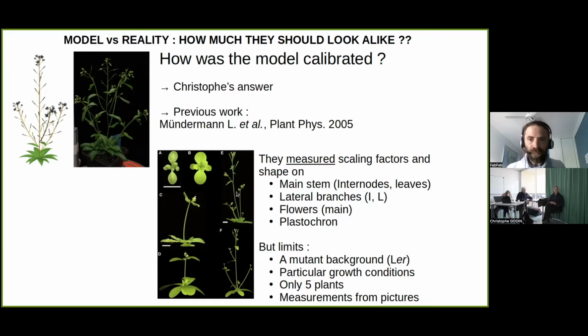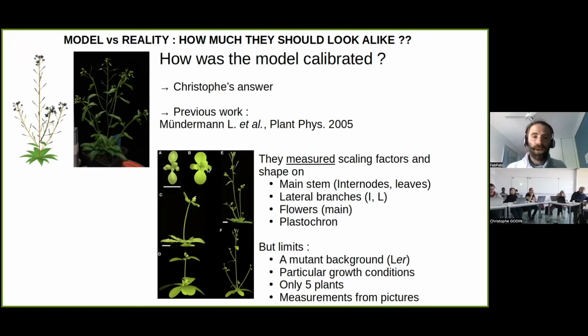model. And here, for example, you have each time a side view: on the left-hand side a real plant, on the right-hand side the model at hopefully the same stage. Okay, so here's a real plant, here's a model, here's a real plant, and here's a model.